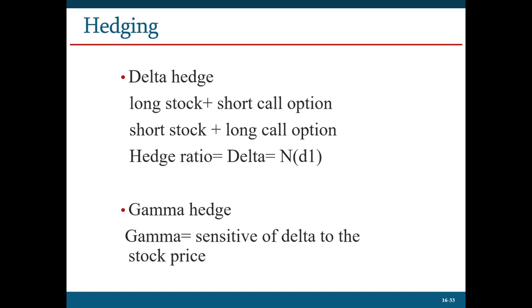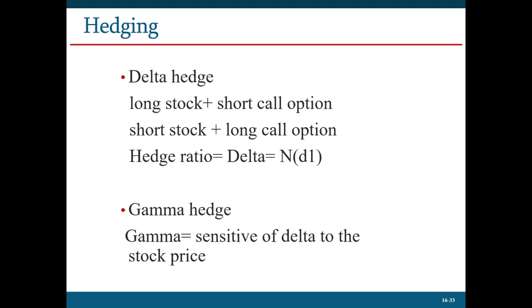Now let's take a look at the so-called delta hedge and gamma hedge regarding option trading strategy. Those two hedging strategies are based on a dynamic hedging mechanism, and essentially we want to set up a risk-free portfolio that contains both stock position and call option positions.